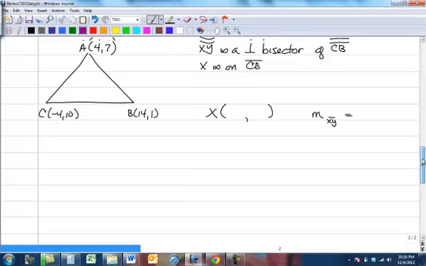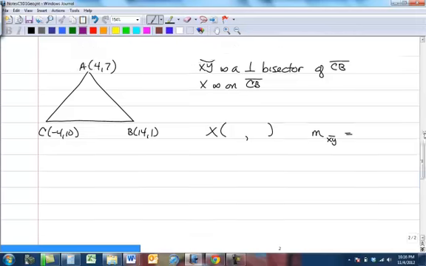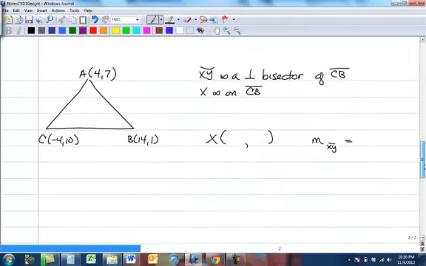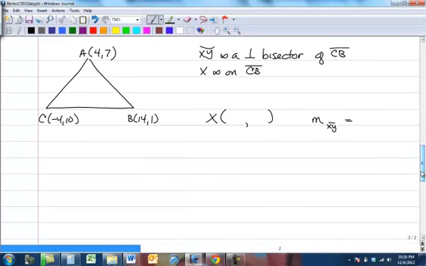All right. What's going on here? This last one. XY is a perpendicular bisector of CB. X is on CB. So perpendicular bisector means that it's perpendicular like this.